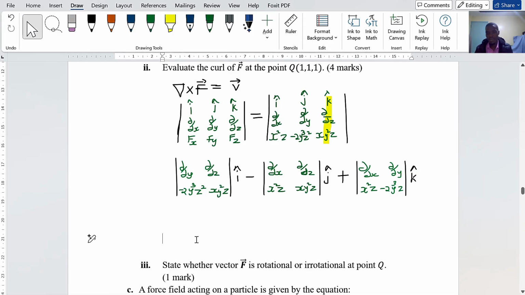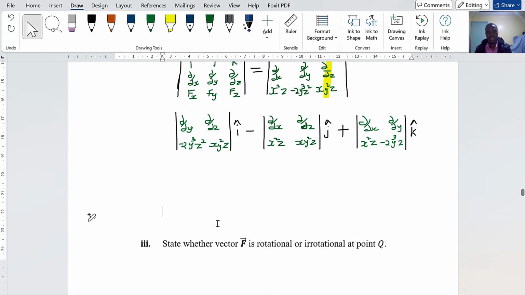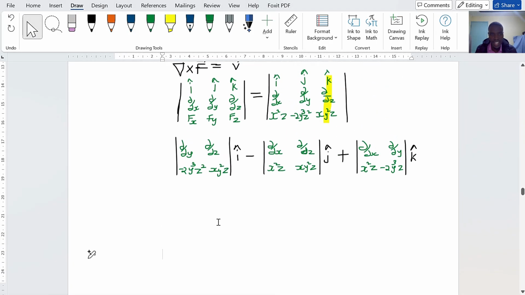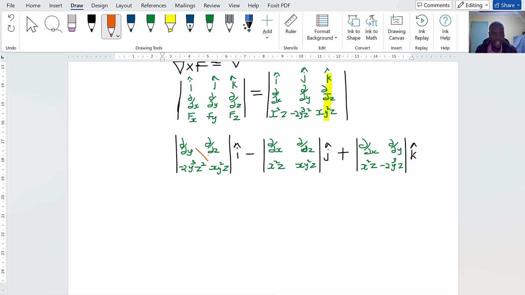Now our next step is to find the determinant. Main diagonal minus other. So we need 3 brackets. The first bracket is for i, minus the second bracket is for j, plus the third bracket is for k.